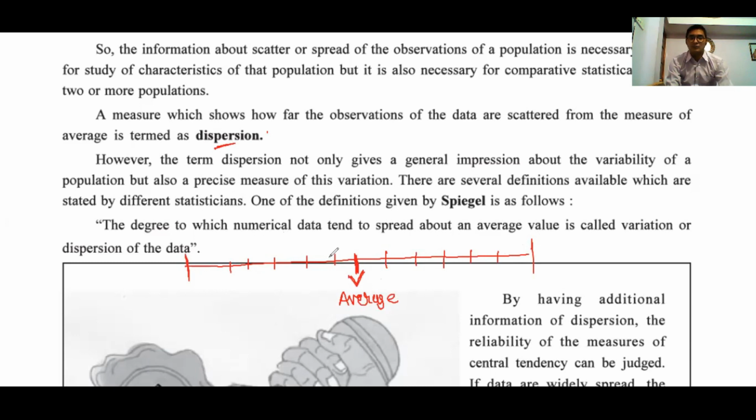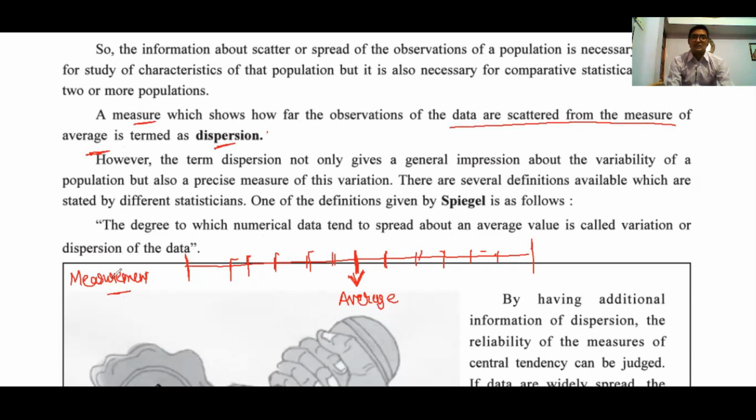It is not at the lowest point and not at the highest point, so we can call it an average. Data are scattered at different points, so we need a specific measurement by which we can show the observations which are plotted or scattered here.